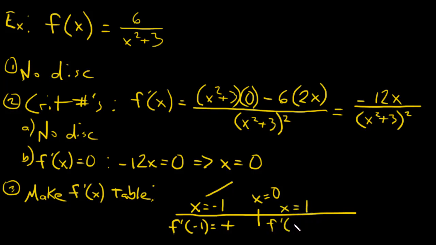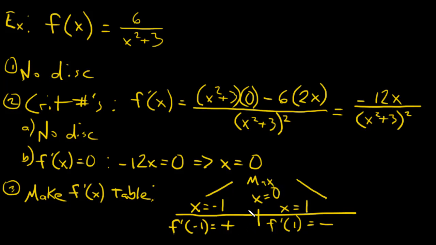And f prime of +1, well, when I plug in, bottom's still positive, I'll plug a 1 here. -12 times +1 is negative, so that is going to be a negative divided by a positive, which is negative, which means I'm going to have a downward slope for this interval here. So it's going up, then it's going down. That means that at x equals 0, I have what? Yep, I've got a max located right there.